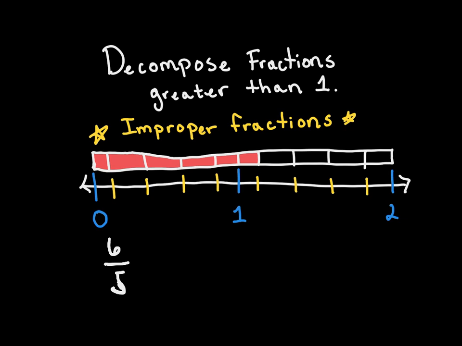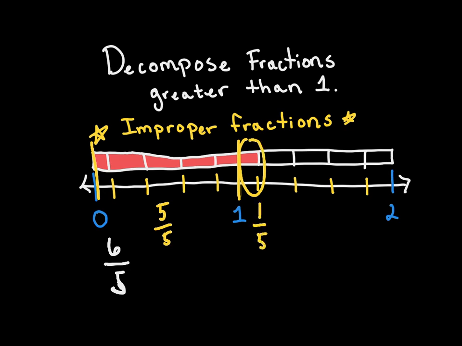But when we do 6/5 to represent that, we would show that this section right here is representing 5/5. But then we have a fraction that's greater than 1. You have this extra fraction right here, and that would be your extra 1/5.